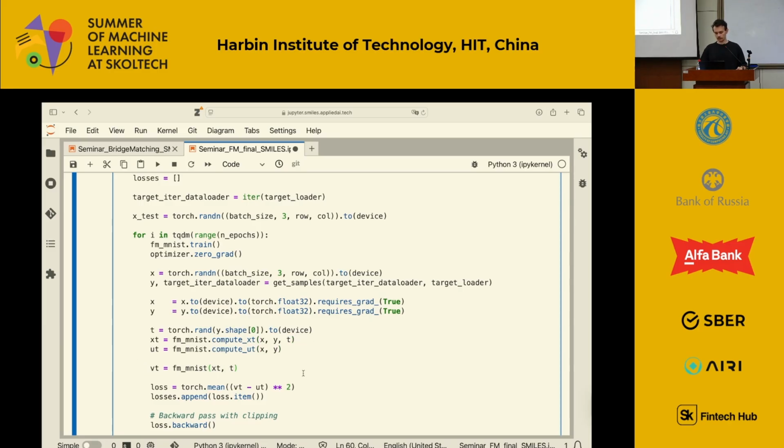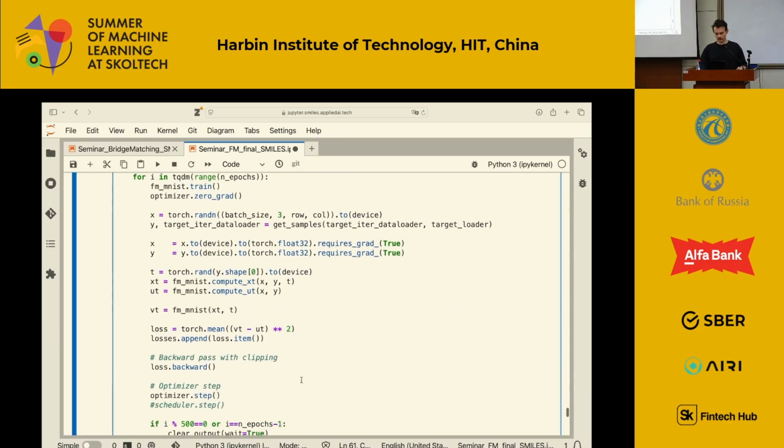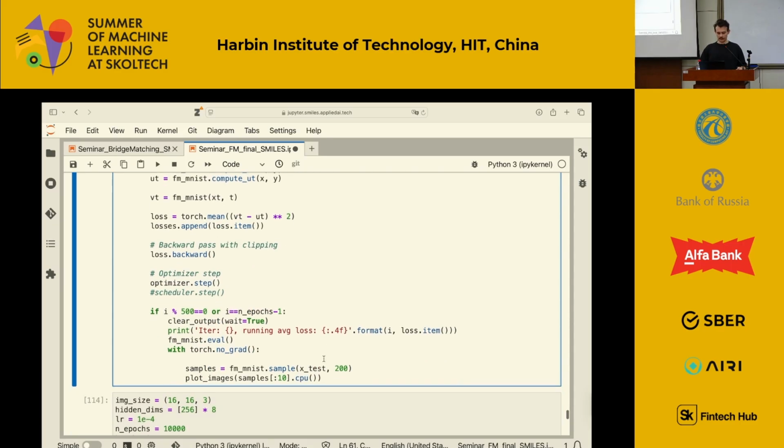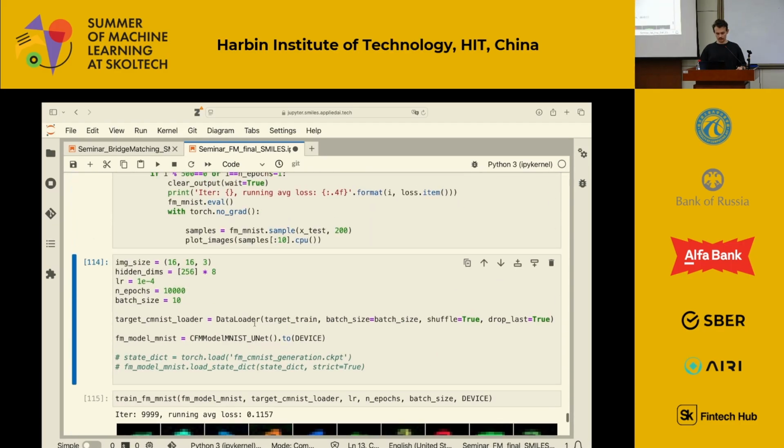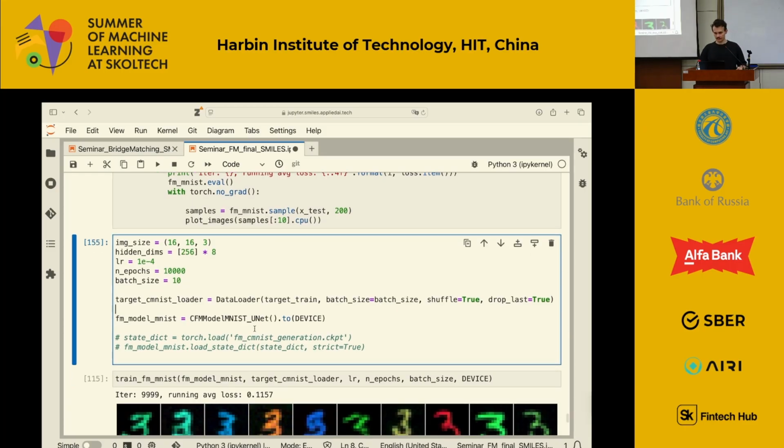Infer your neural network, perform your regression. Everything is great. So yeah, we can train the neural network.